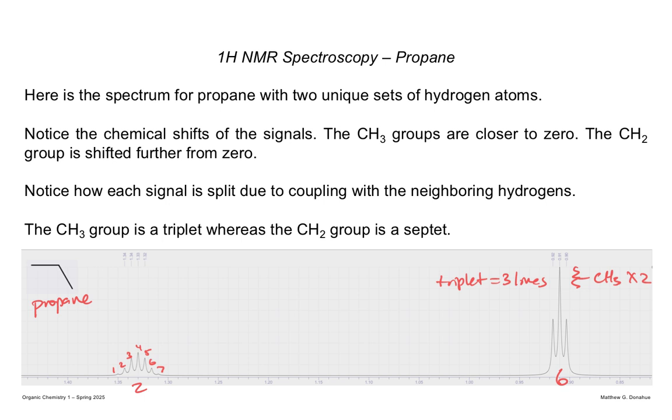So the triplet is 3 lines. Is there something else about those lines that we should be concerned about? Is it the range? So the range is one thing. That means you have the 3 lines, and those 3 lines are at different chemical shifts, right?